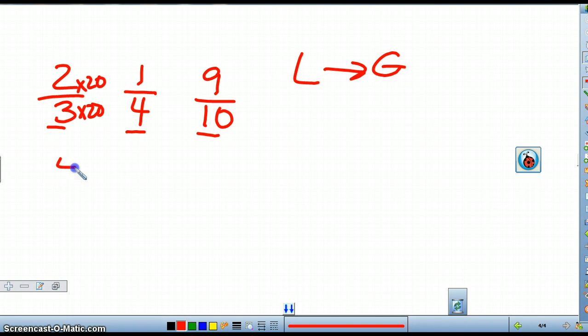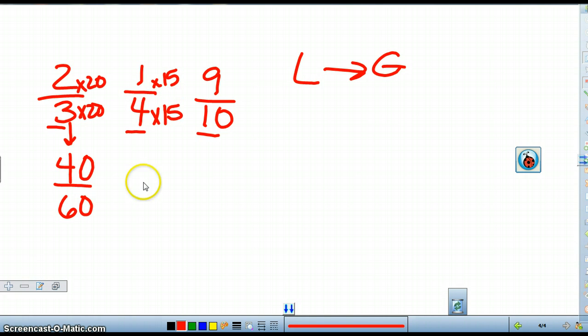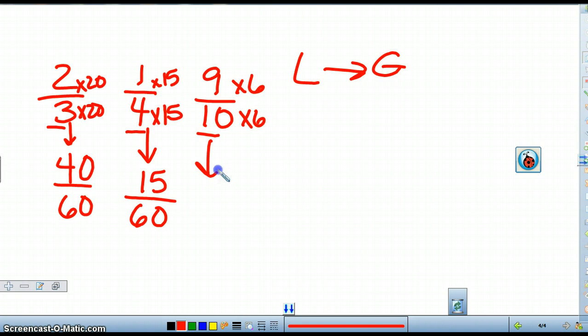And 2 times 2 is 4 with a 0. 3 times 2 is 6 with a 0. So 2/3 has just become 40/60. We said 4 times 15 gives you 60. And so 1 times 15 is 15, and 4 times 15 is 60. We know that 10 times 6 is 60. We do the bottom, we do the top. And 9 times 6 is 54 over 60.